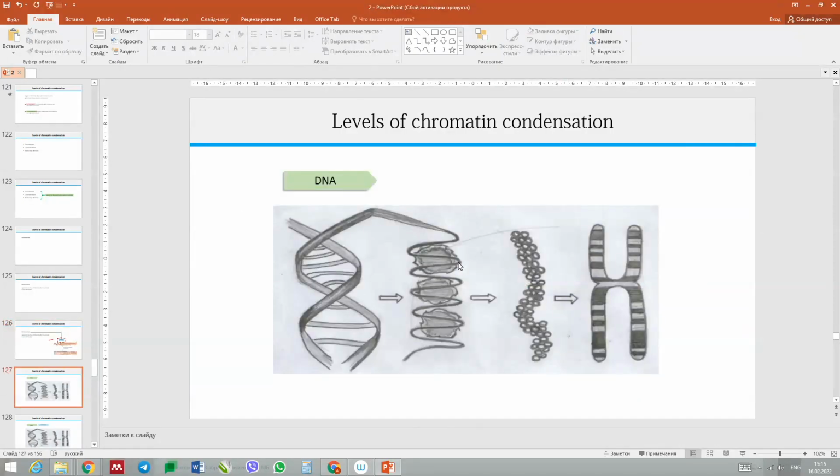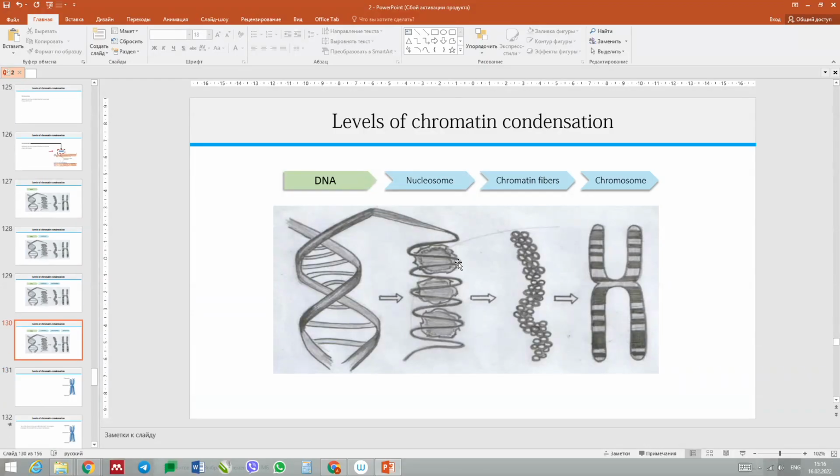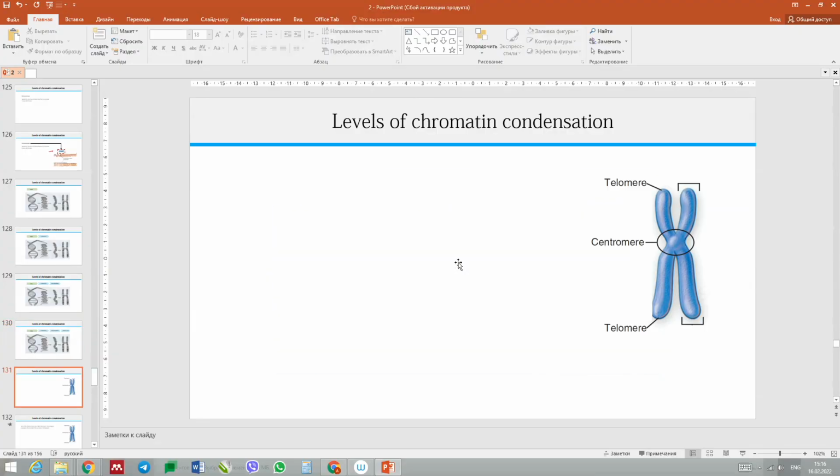And here is also an illustration of all these levels of DNA condensation, starting from double helix DNA. Then you can see a schematic illustration of nucleosome, of chromatin fibers, and then further condensation of chromatin fiber will create chromosomes. Let's look in more detail at the chromosomes.